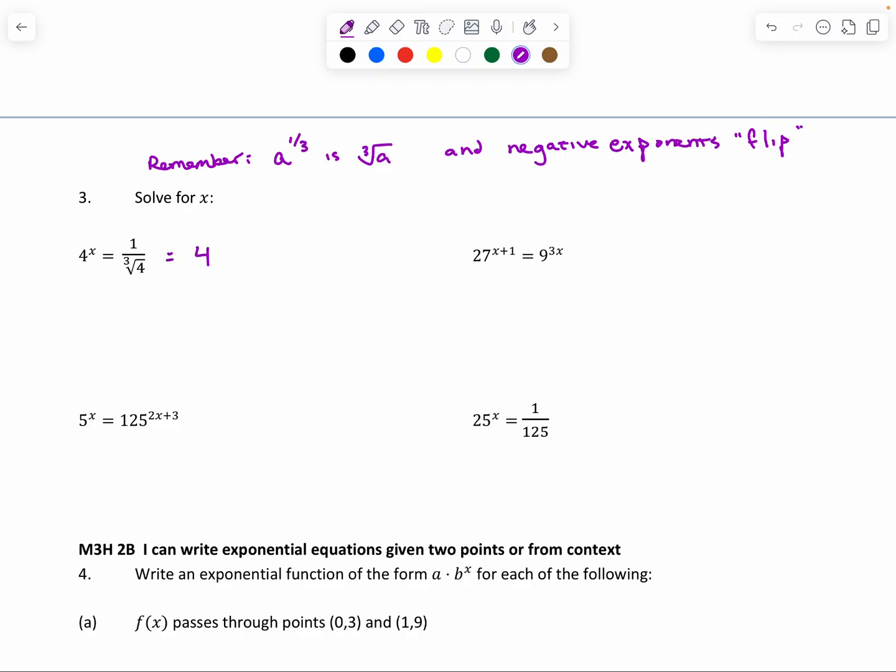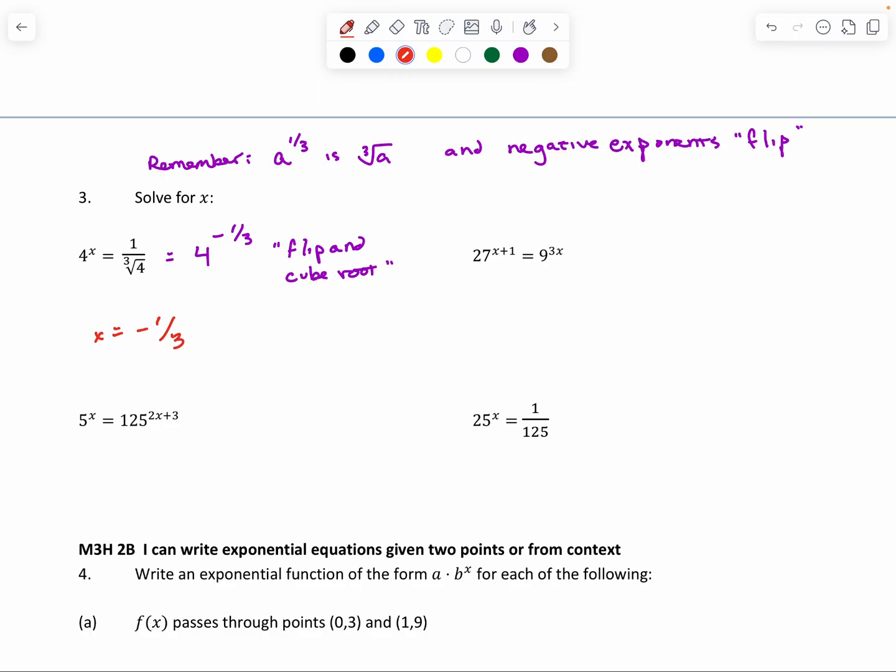This is 4 to the negative 1/3. Flip and cube root. So what we have is x is negative 1/3. That was easy.